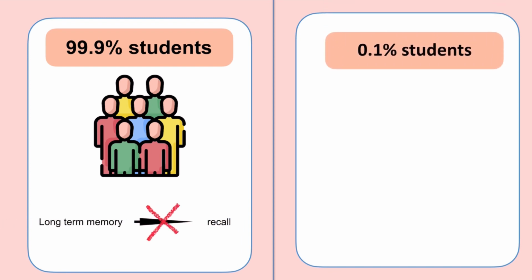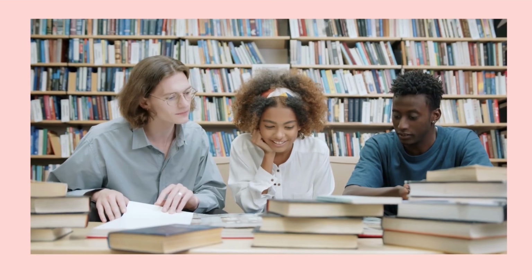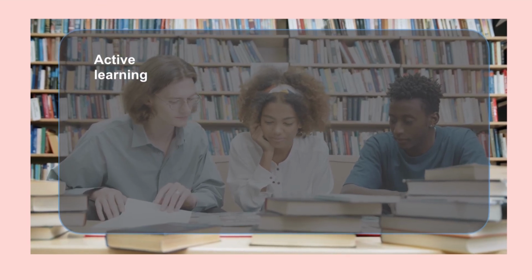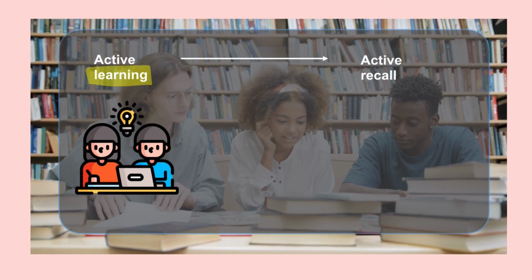And if you want to be that 0.1% of students who can recall better and perform best in all of their exams, then first of all you need to save information in your long-term memory. Active recall is very much needed, but it is the step that should come after we have learned the information very well.